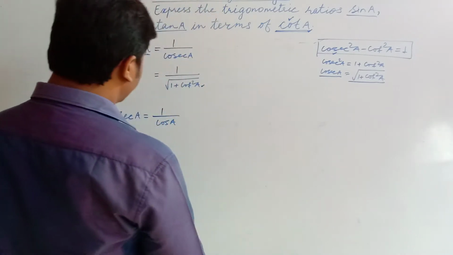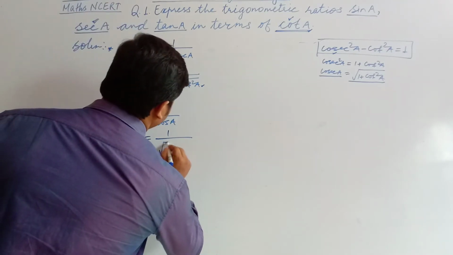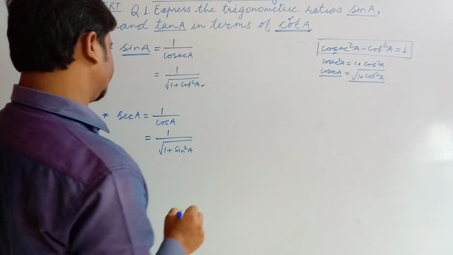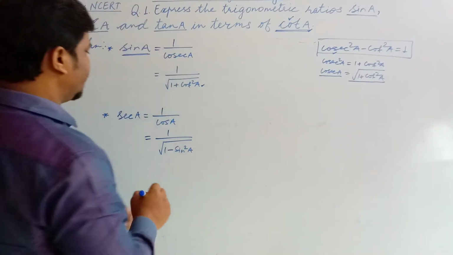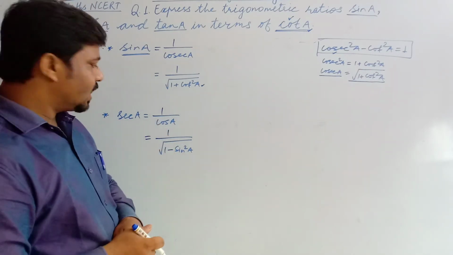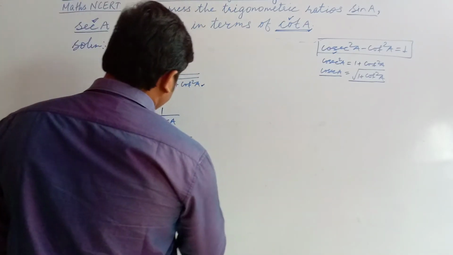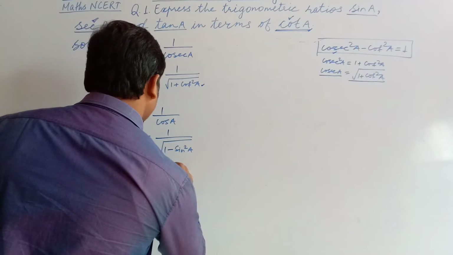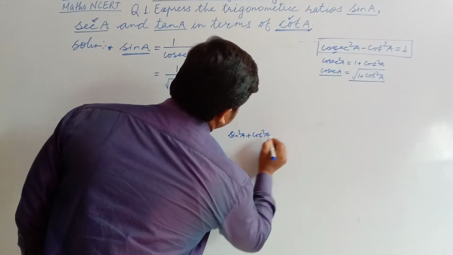and cos A equal to, can you write, under root 1 minus sin square A. Can you write cos A equal to under root 1 minus sin square A, and this sin square A will be converted, because you know that sin square A plus cos square A equal to 1.